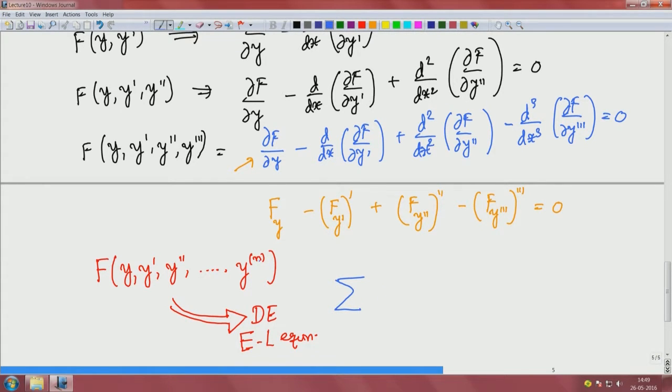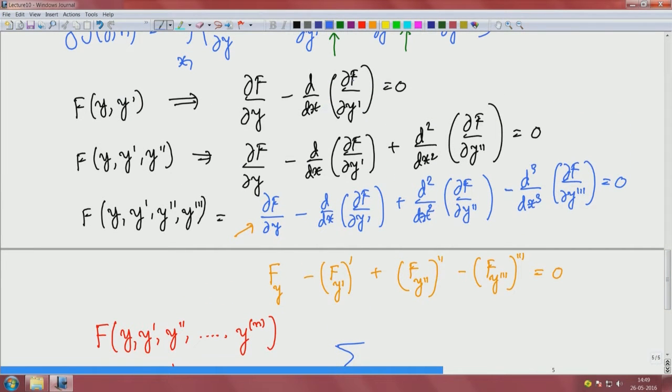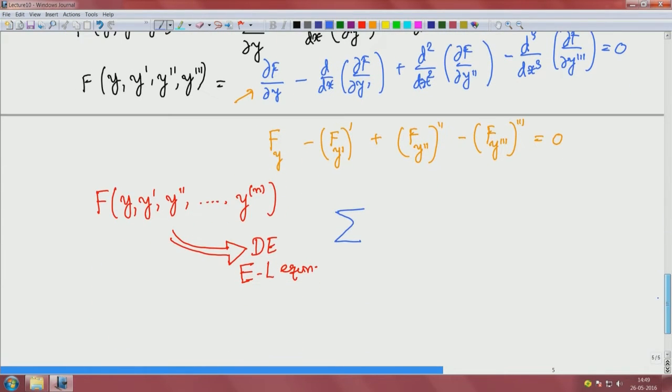If I have n, I will have terms up to the nth derivative, because when I had only one derivative, I had d by dx dou f by dou y prime. Now, we have 2, then there will be 2, 3 and so forth. So, we can write this general equation in the notation that we have.